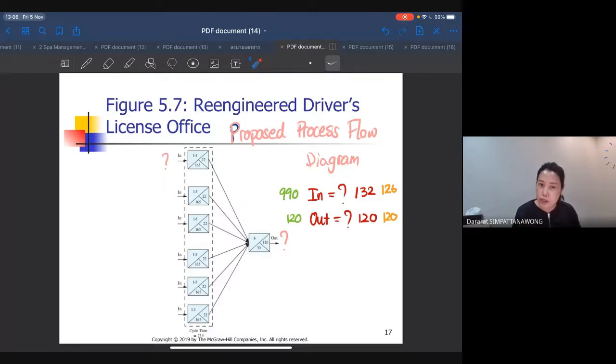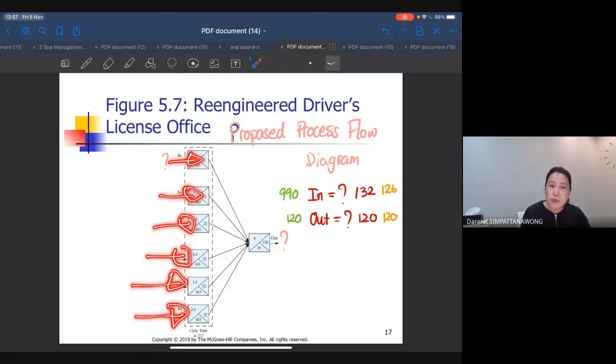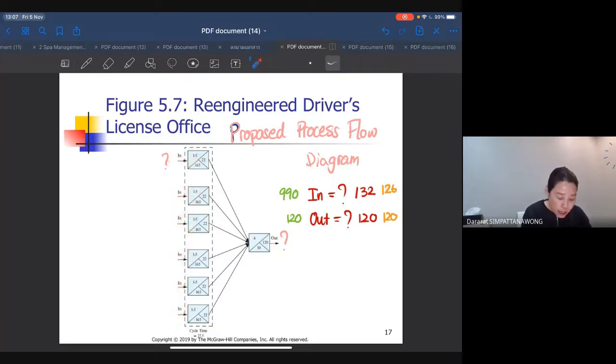So what I would like all of you to do is look through the figure 5.7 on page 17 of chapter 5. Look at this carefully. You will see there are 6 inputs. The diagram shows that one box represents one staff.